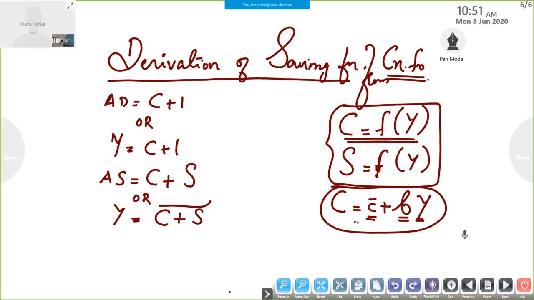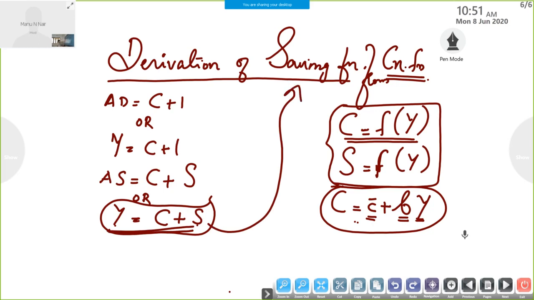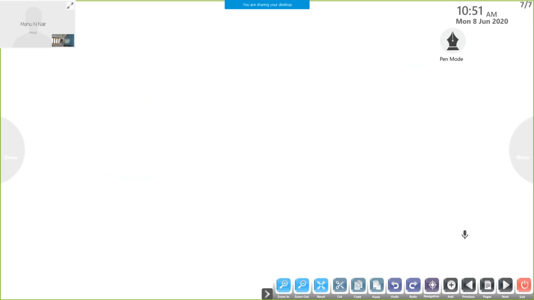I am taking this formula for derivation of saving curve, because here saving is there, level of income is there, level of consumption is there. So this I am taking for derivation of saving equation or saving function.